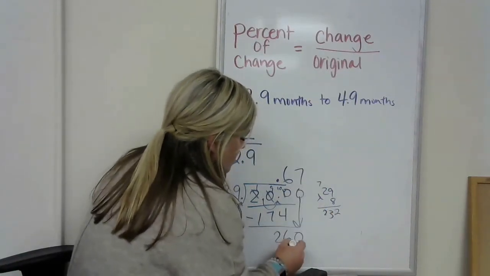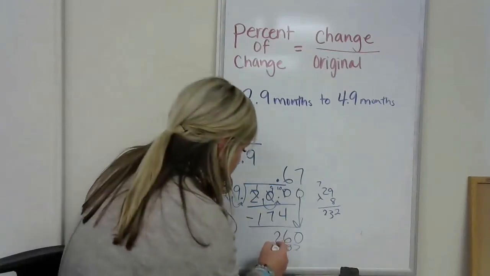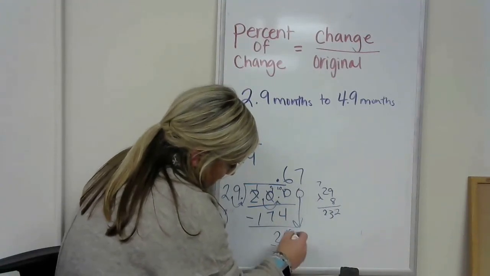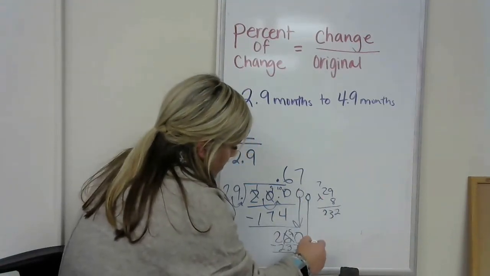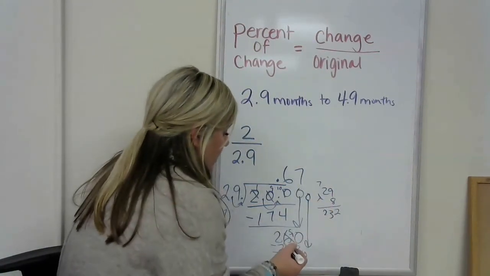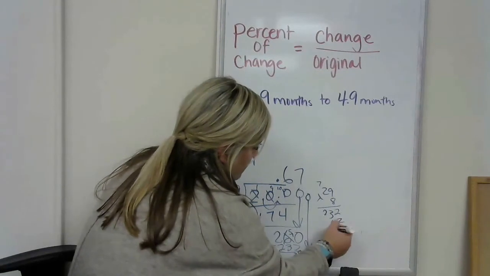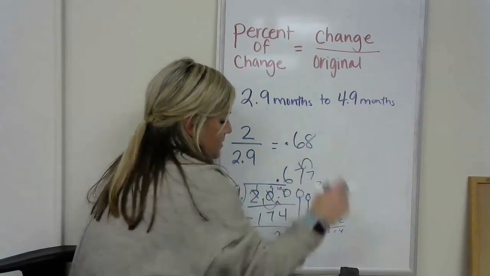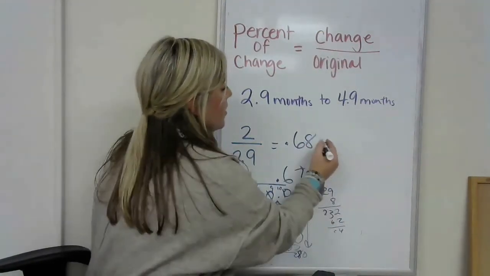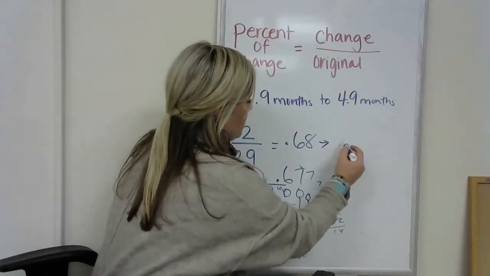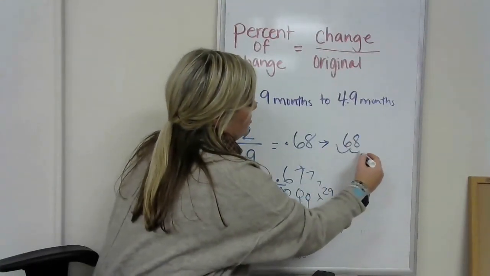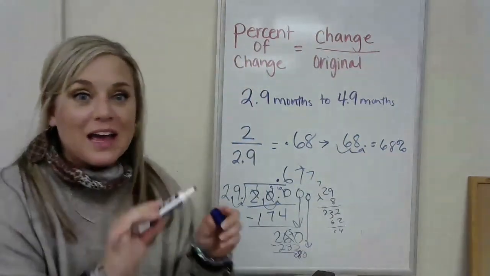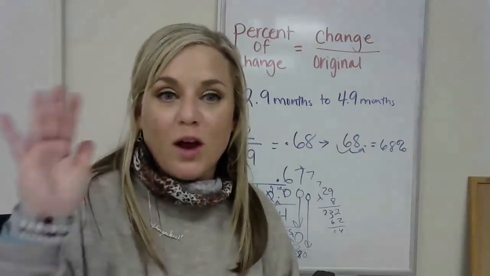Okay, 232. To 80, so that's going to be another 7. So it's going to be 0.68, which we have to move the decimal 2 places to the right, which equals 68%. So if you have a question, you didn't get this right, raise your hand and I will come help.